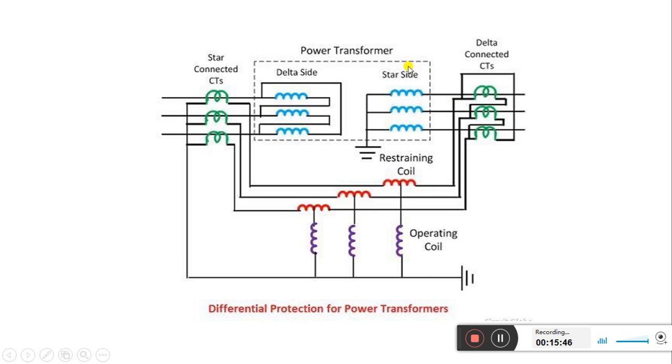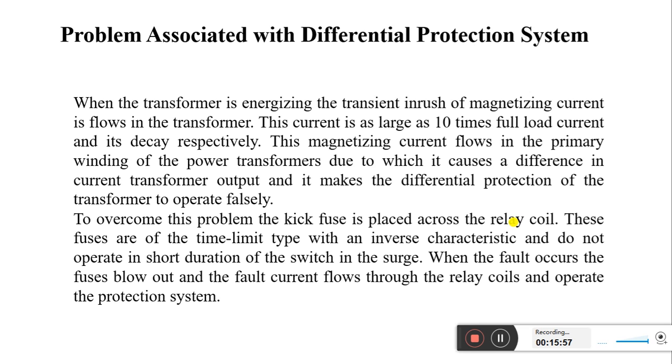So even if there is no fault in the transformer, the system may operate and give a trip command. This problem may occur generally in the case of transformers. So this is a problem associated with the differential protection scheme, and that has been defined here.